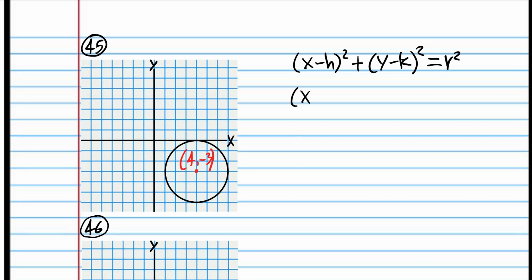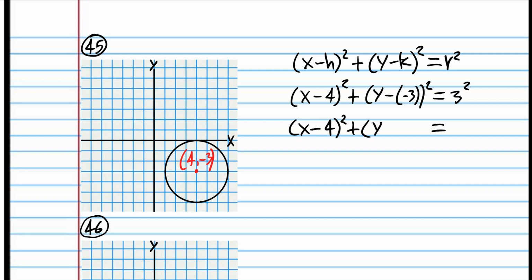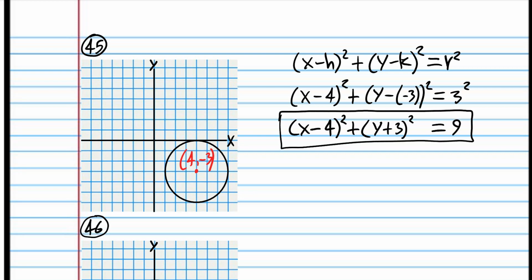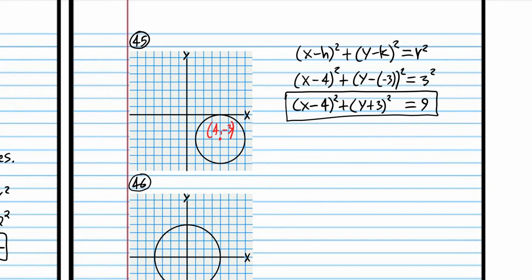We're going to plug in those values. x minus 4, y minus negative 3, and then the radius is 1, 2, 3, so 3 squared, and of course we can just simplify. And we're done. So very easy, very simple stuff.